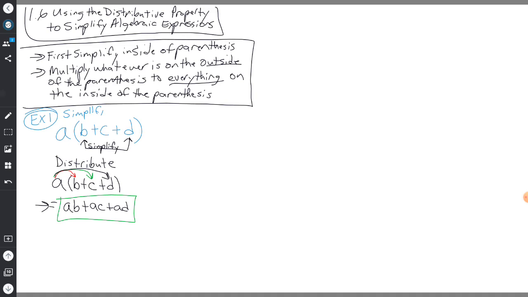So what we're doing again is taking whatever is on the outside of the parentheses and distributing, which means multiplying to everything on the inside.